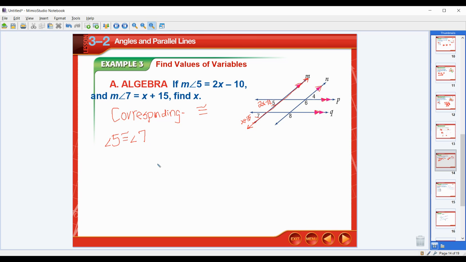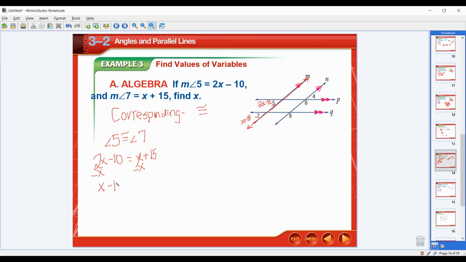And if these two are congruent, then we will take their algebra, plug them in, and set them equal to each other. So 2x minus 10 is equal to x plus 15. All right, from here, get rid of your smaller variable first. So this is going to be a minus x on both sides.